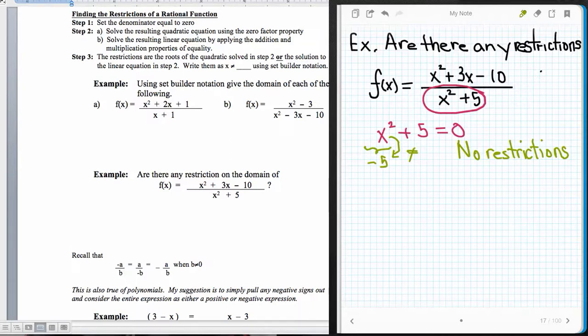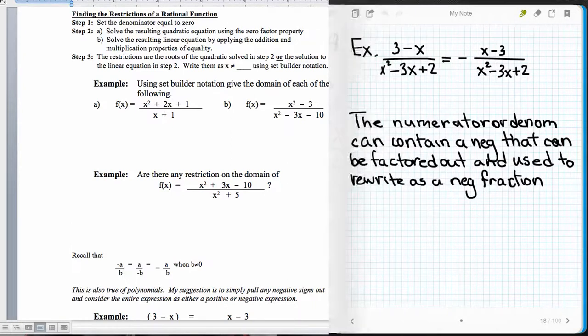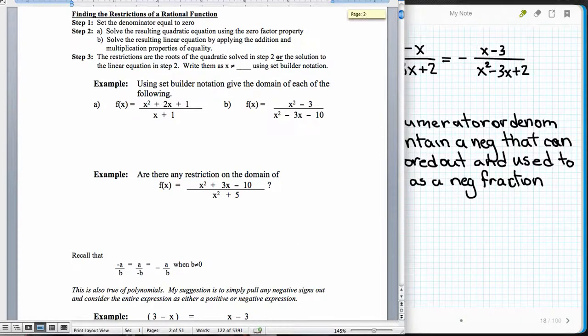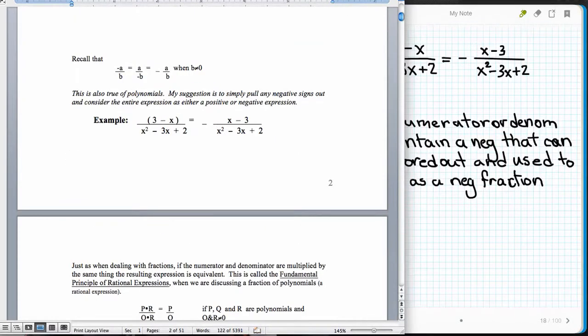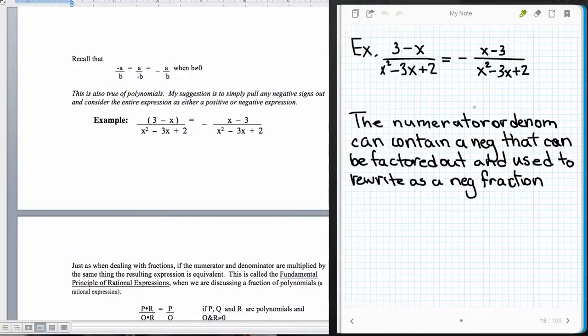Now, moving along, we want to remind ourselves about a little fact here about fractions, that a negative numerator divided by a positive denominator is the same as a positive numerator divided by a negative denominator, which is equal to a negative fraction. And what we're going to see is that in rational expressions, this can happen here as well. So you see this numerator up here, 3 minus x over x squared minus 3x plus 2, that's the same as a negative fraction of x minus 3.